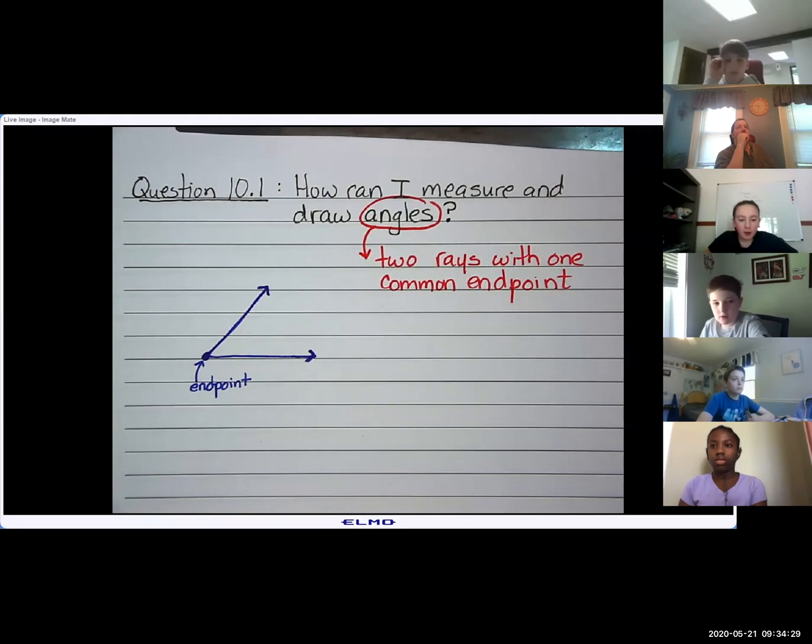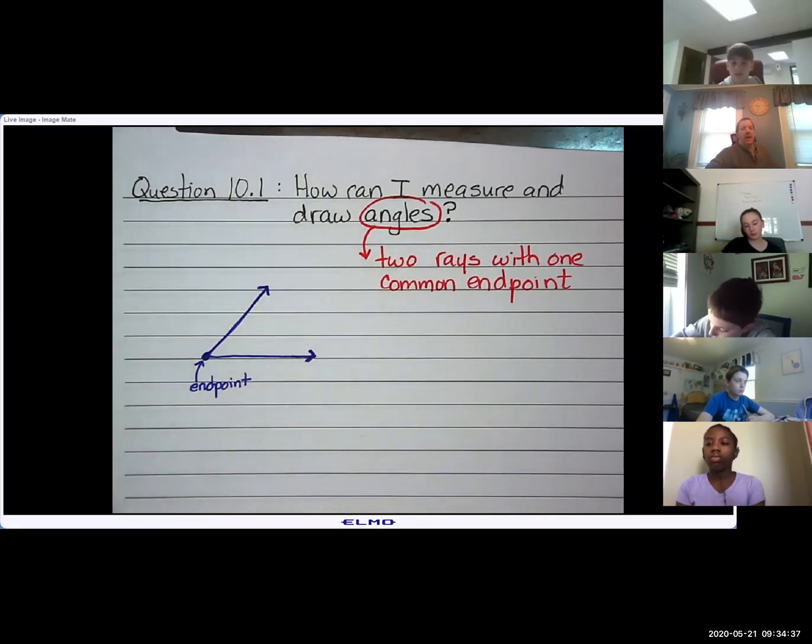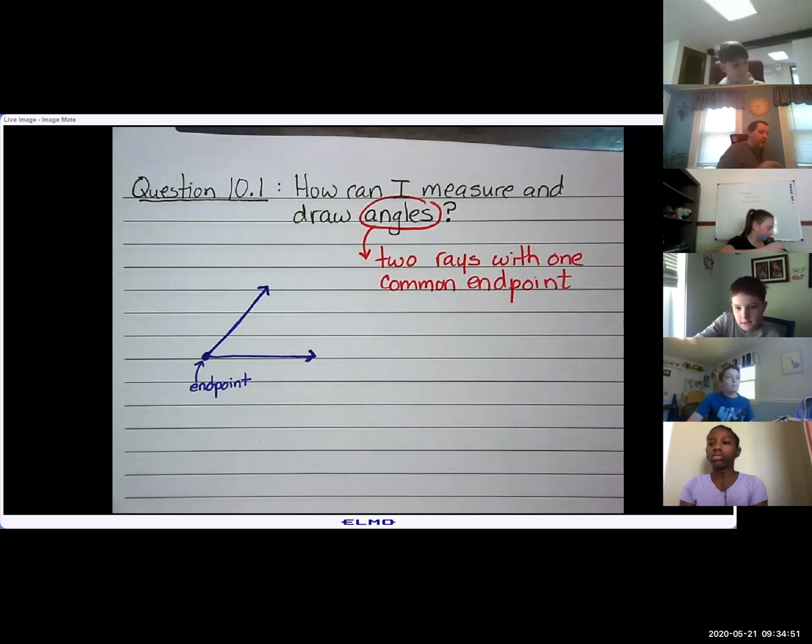Excellent. So a ray goes on in one direction forever, whereas if these were lines, they would go on in what? Both directions forever. Rays only go on in one direction, whereas a line goes on in both directions.